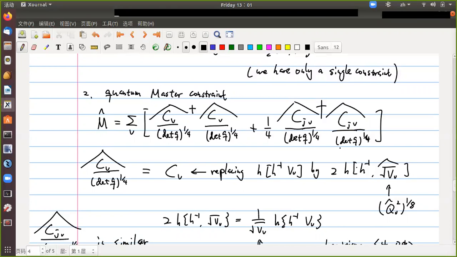And for some of the infinite linear combinations, when you act on them with the master constraint, you get infinity. It's not good because the master constraint is an unbounded operator. You cannot define it on the entire Hilbert space. So you need to find the boundary between states which are still infinite linear combinations of spin networks and can still be acted on by the master constraint, and states where you get infinity, which are outside the domain of definition.